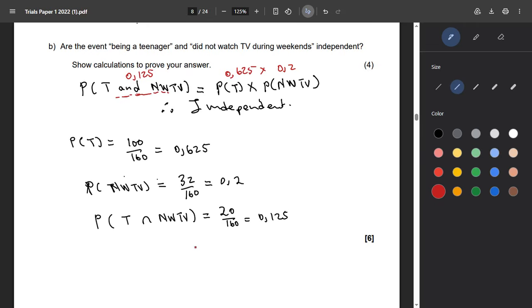Okay, so let's quickly work on that, because we need to show this in a step. Therefore, let me quickly put this on the calculator. What do we get? Okay, so this gives us 1 over 8, which is the same as 0.125. So therefore, I'm going to conclude and say the probability of T intersection with not watching TV is the same as the probability of T times the probability of not watching TV.